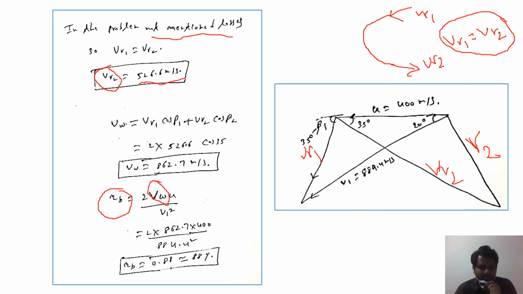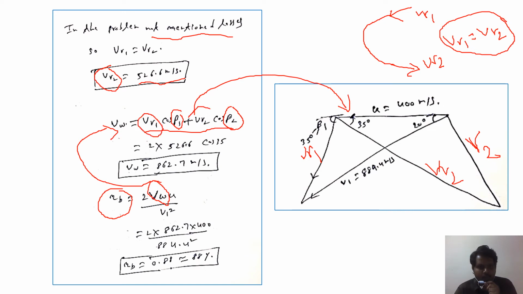To find the whirl velocity, the equation is this one. This equation we can write from the velocity diagram, which is already explained in the previous class. We can write it as VR1 cos beta 1 plus VR2 cos beta 2. Here beta 1 and beta 2 are equal because in the problem they mentioned that outlet and inlet blade angles are the same, and also VR1 and VR2 are equal because there is no friction.